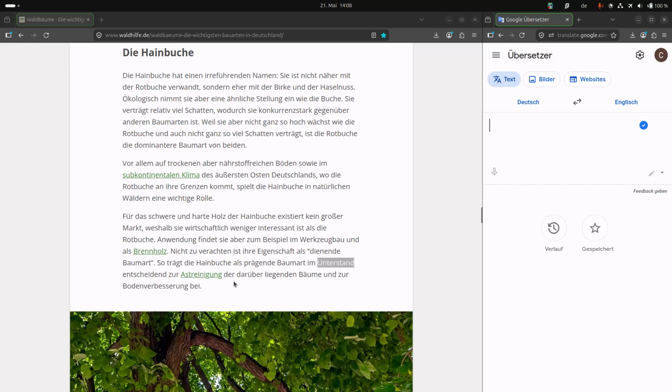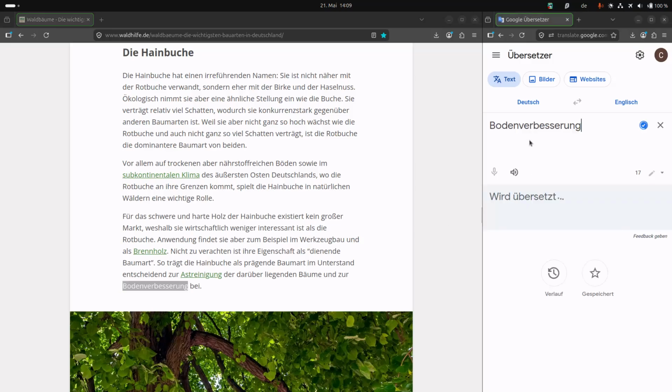But in the shelter, and decidingly to the branch cleansing or cleaning of the above lying trees and to the ground or soil, I don't know, getting better. Soil improvement, of course, soil improvement.